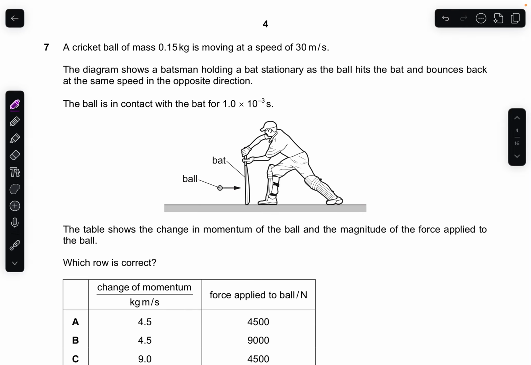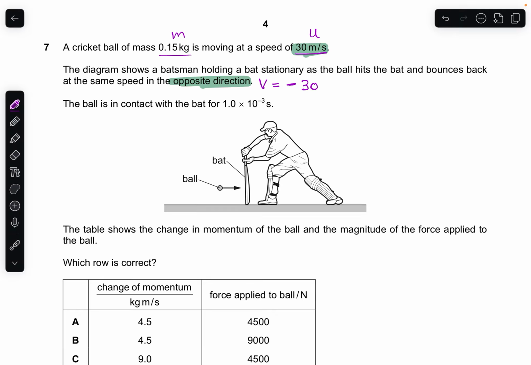In question 7, a cricket ball of mass 0.15 kg is moving at a speed of 30. Okay, the diagram shows a batsman holding a bat stationary as the ball hits the bat and bounces back at the same speed in the opposite direction. So if you take this positive, because the direction is opposite, the final velocity will be taken as negative. Okay, this is the convention.